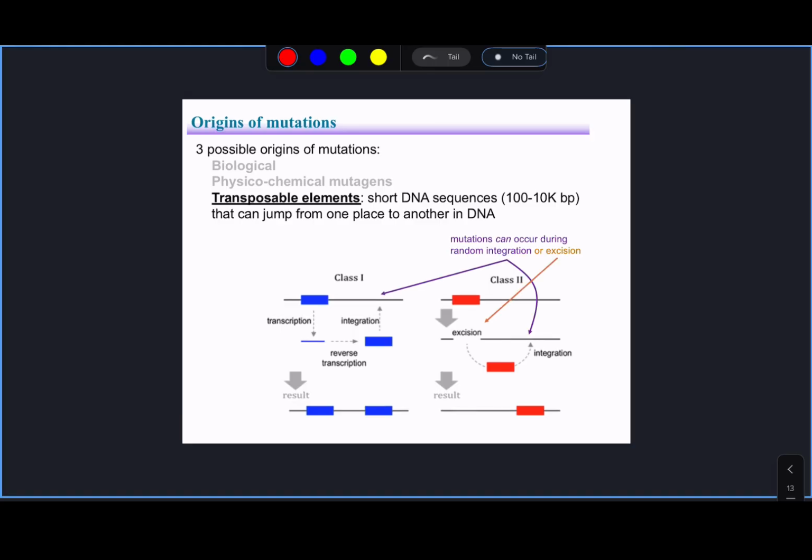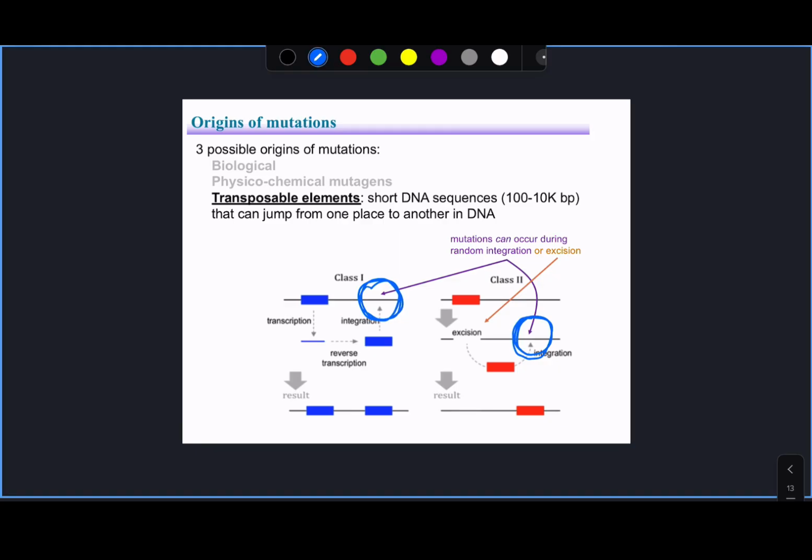Mutations can occur during random integration, so I may break something in the new integration site. When these pieces of DNA integrate themselves into the genome, they may be interrupting something that was important, an important message. And now that message is not there anymore.